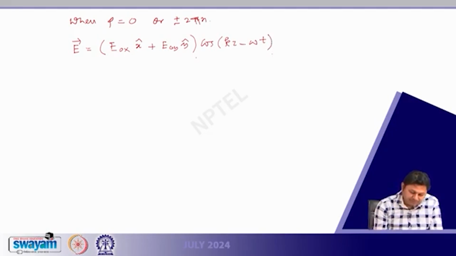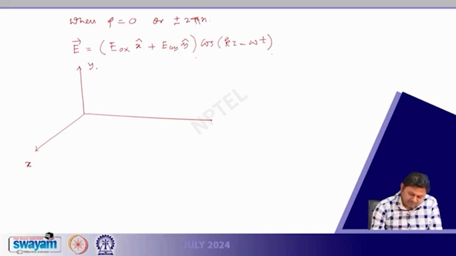Okay. So, how will the figure look here, because they now have the same phase? The electric field, this is my y axis say, and this is my x axis, and this is the z axis.